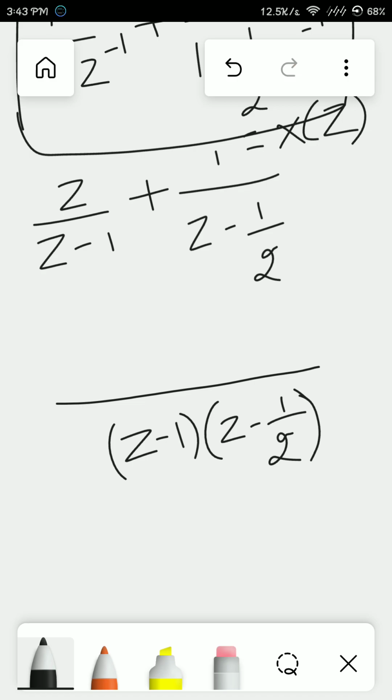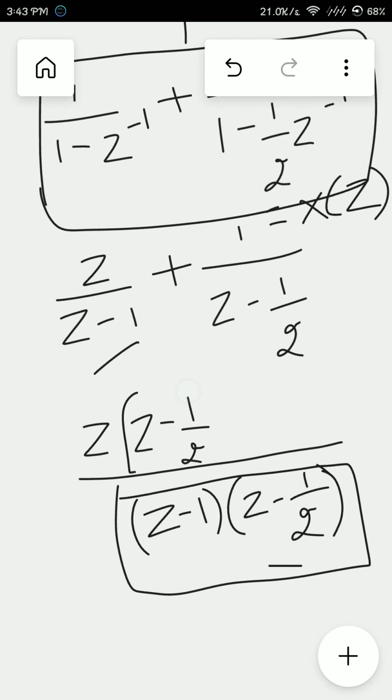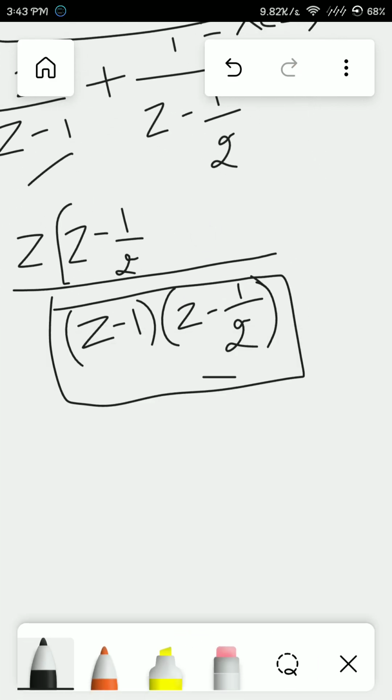So what is this equal to? This z minus 1 into z minus 1/2 you get as this particular resultant. To get this particular resultant, I have to multiply z minus 1 by z minus 1/2. So if I multiply with z minus 1/2, I get z into z minus 1/2, plus 1.